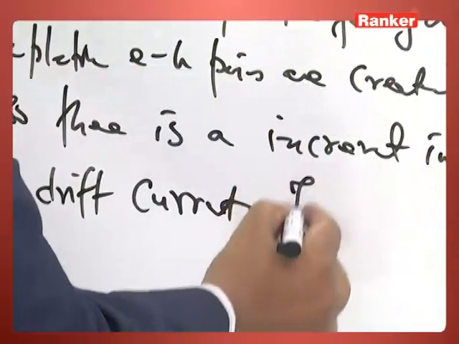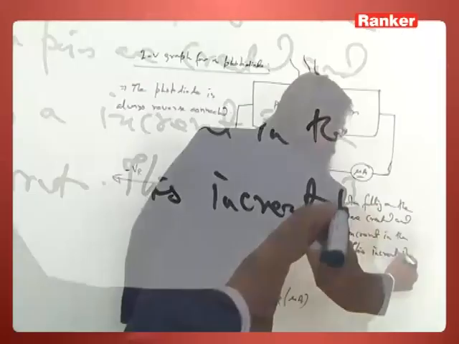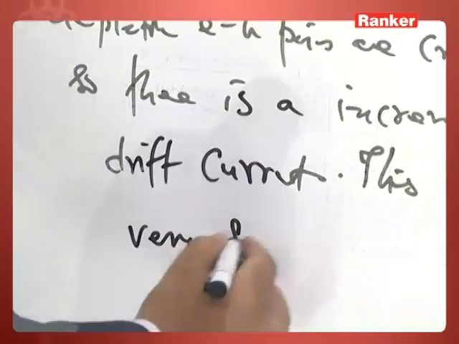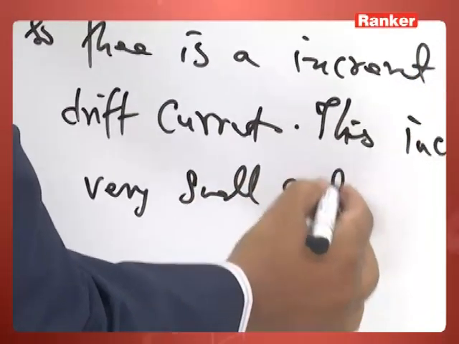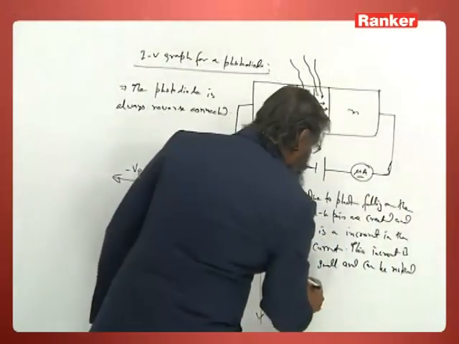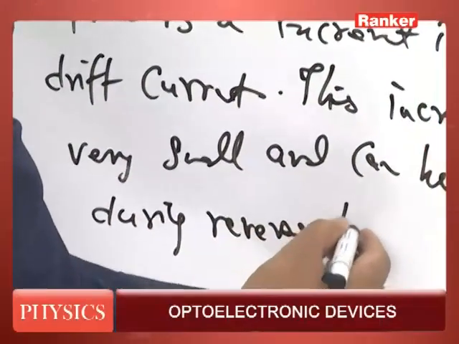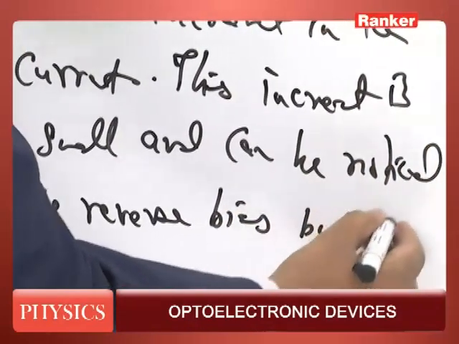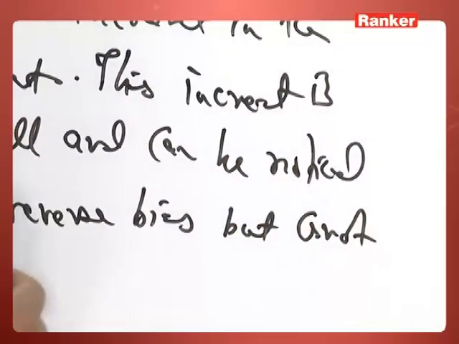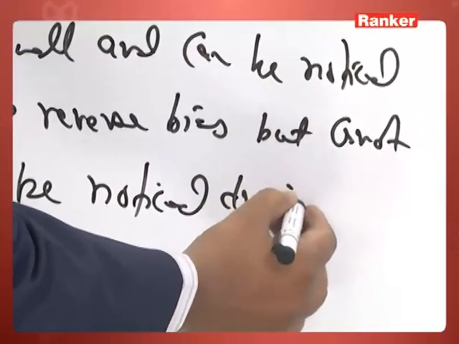This increment is very small and can be noticed during reverse bias, but cannot be noticed during forward bias.